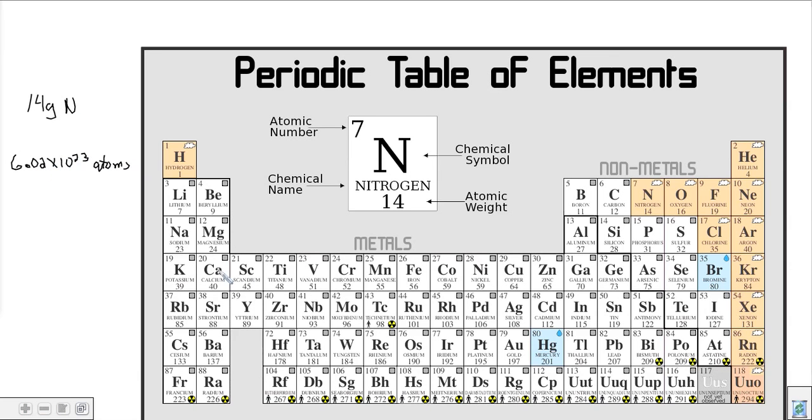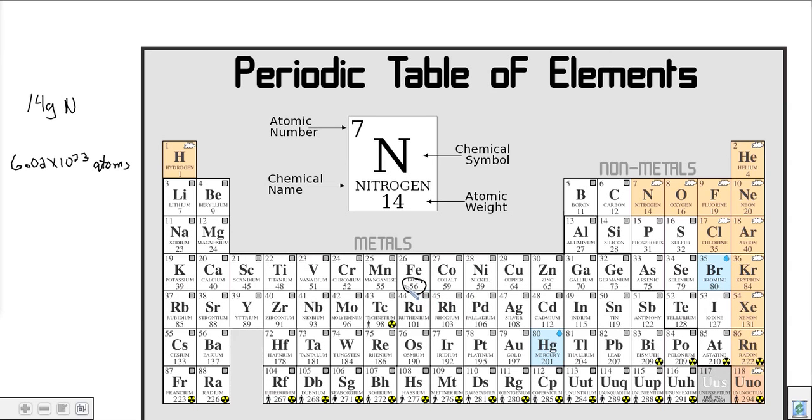Well, it's this times 2. So you could figure out exactly how many atoms of any element you have at any one given time, because all you got to look at is the mass that's on the periodic table. And that amount of grams right here, like iron right here, 56 grams of iron is going to give you 1 mole of iron.